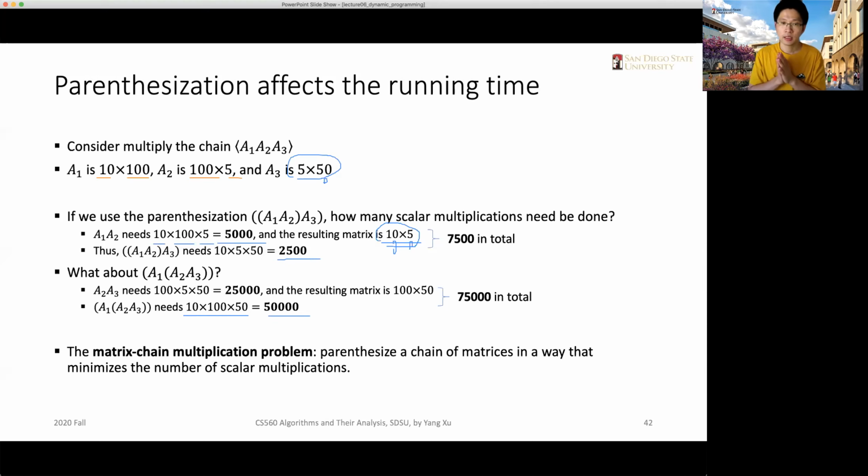Okay, so hopefully this example shows the necessity of solving the matrix chain multiplication problem. Given the matrix chain multiplication expression, we want to parenthesize it in a way that the number of scalar multiplications is minimized.